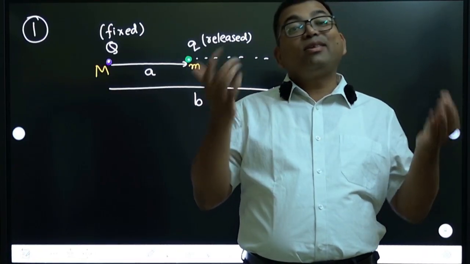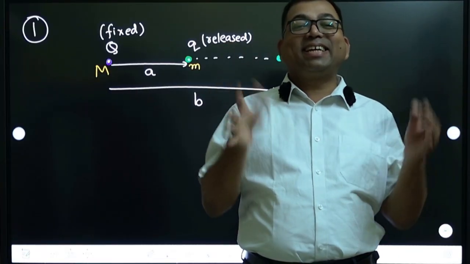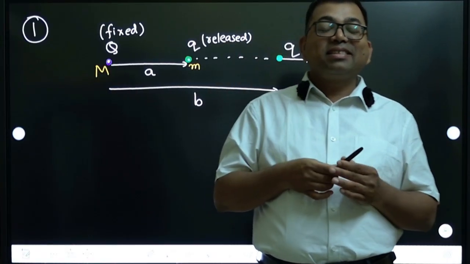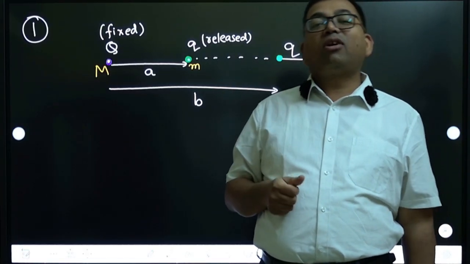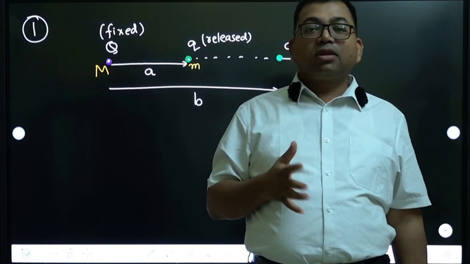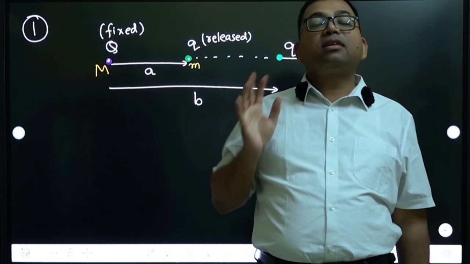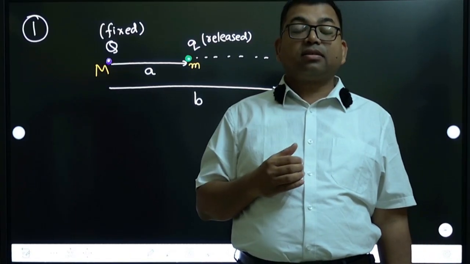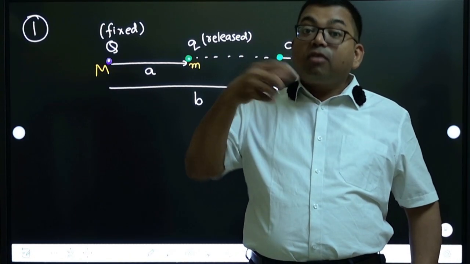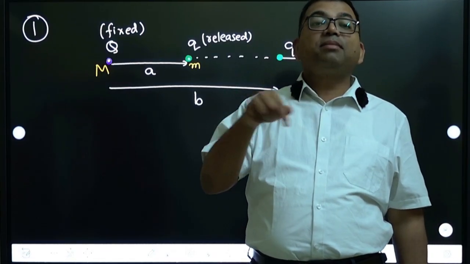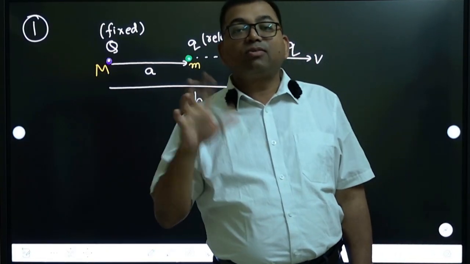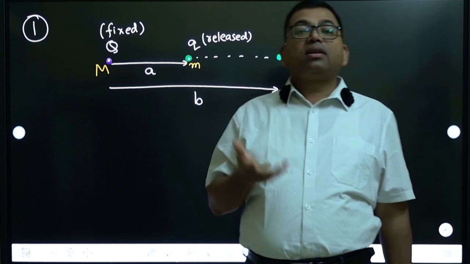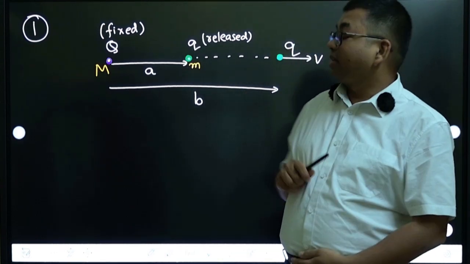Whether you have the knowledge or not is secondary. The primary thing is whether you have the formula. If you have the formula, you do the substitution, and if you're good at calculation, then within a few seconds you will get the answer. Of course, how the formula comes about is the main thing, that is the knowledge. So we should have that knowledge, then you can use these formulas. Okay, so let us try that.